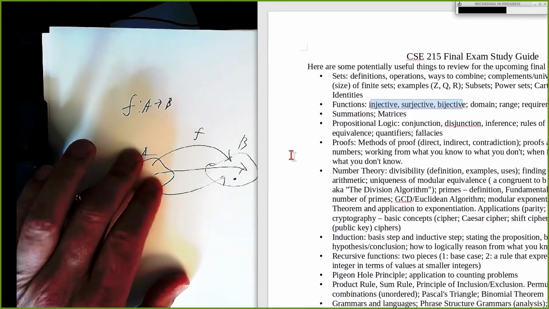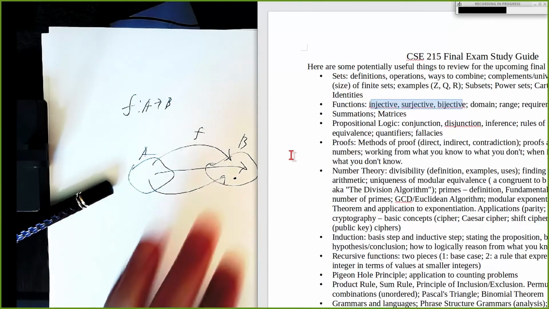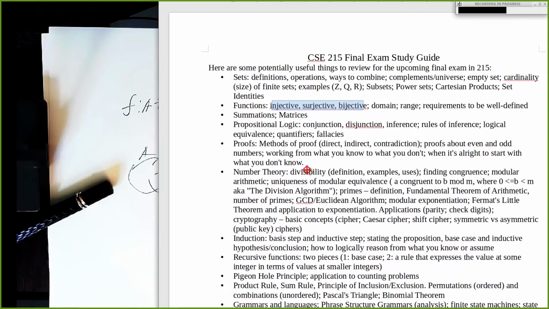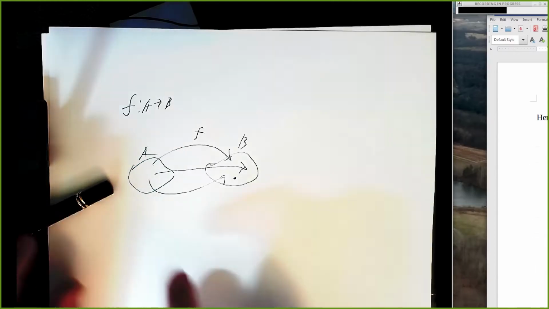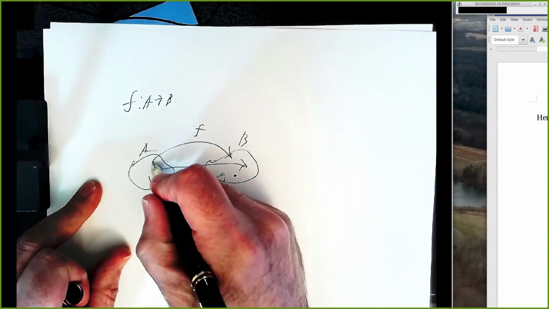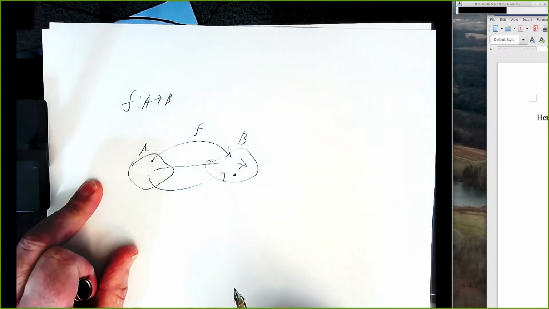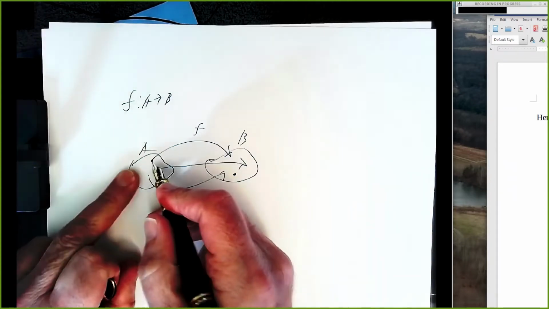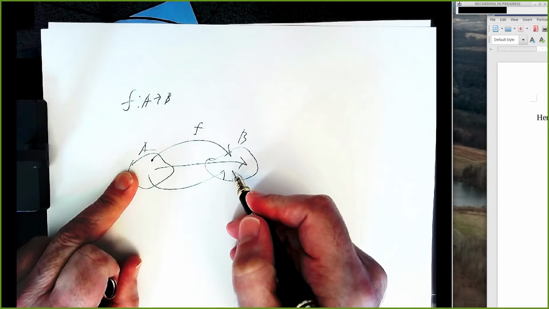Domain is the set of things that you map from. Range is the set of things that you map to. And to be well defined, we need to know that things in A map to exactly one thing in B. If A were to map to two different things in B, it's not a function anymore.